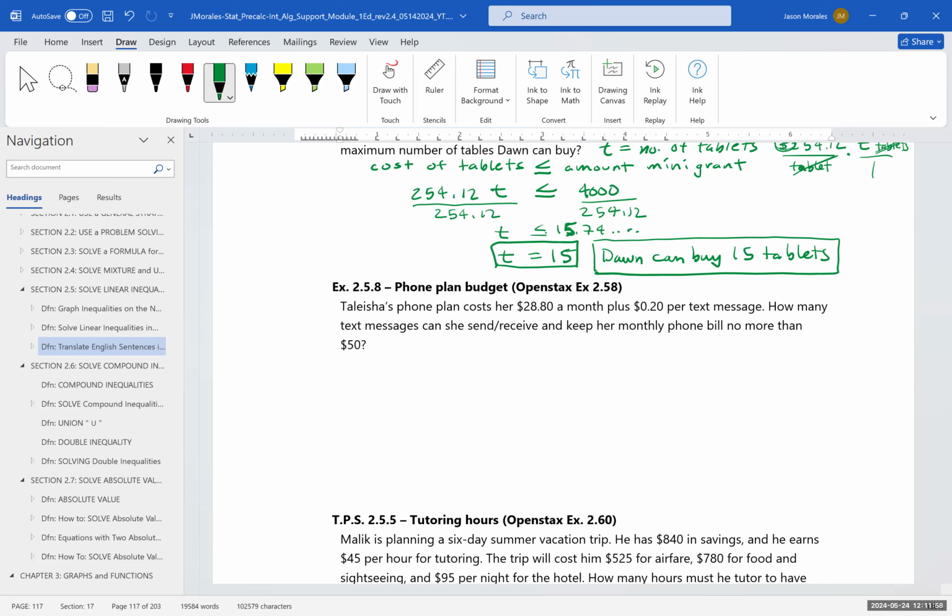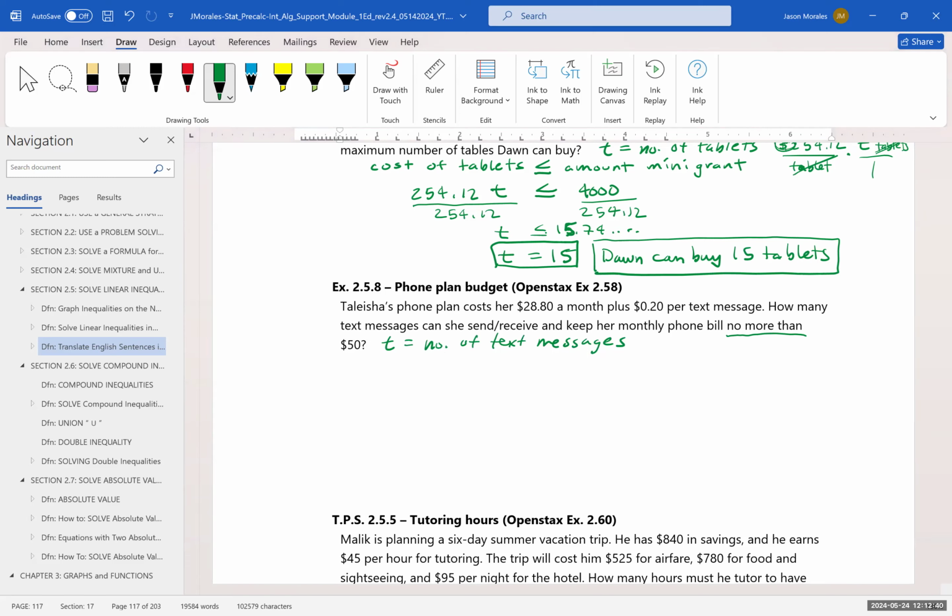Talisha's phone plan costs her $28.80 a month plus 20 cents per text message. How many text messages can she send or receive and keep her monthly phone bill no more than $50? Okay, so here we've got no more than $50. Again, let's try and understand the relationships in the context of this problem. We'll let T equal the number of text messages.